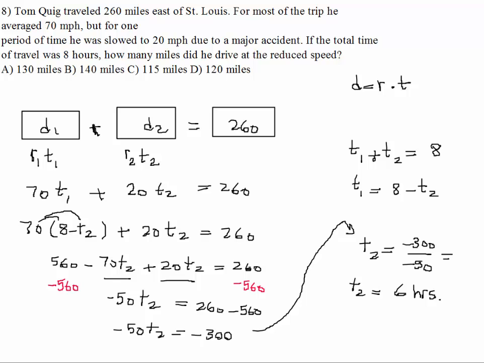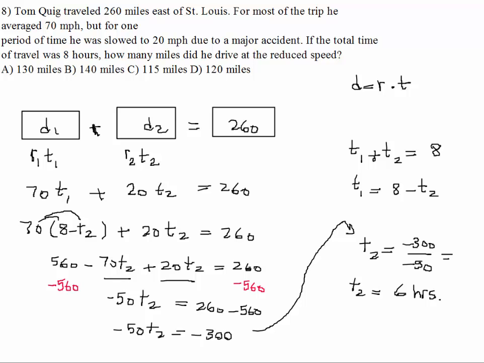Okay, so what's the question here? The question here is, how many miles did he drive at the reduced rate? Reduced rate would be this one here. That would be 6 times, which one? 20?